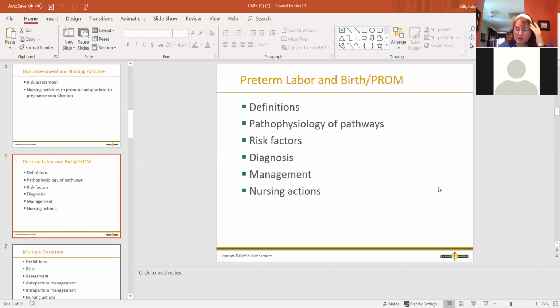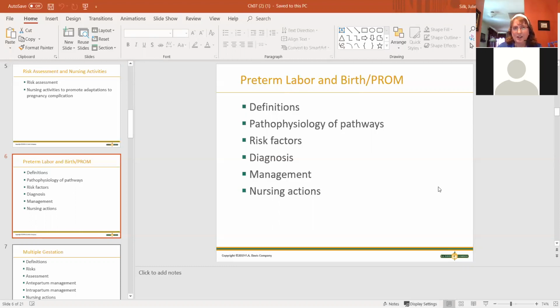Corticosteroids would be given between 24 and 34 weeks gestation. You would only give these to the woman if you think that they're going to deliver within the next 7 days.